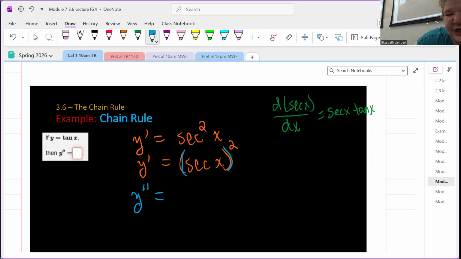I'm going to do my power rule on the outside. So it'll be 2 thing to the first power, and we keep thing the same, secant x. Then we multiply by the derivative of the inside, and the derivative of secant is secant tangent.